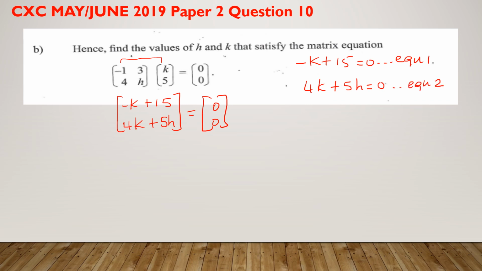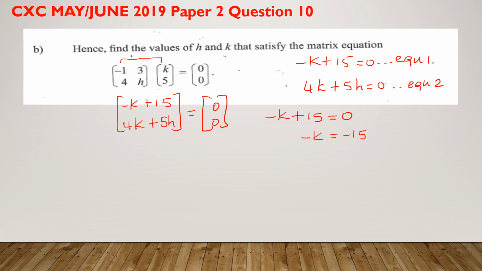Now we can solve equation 1. -K plus 15 equals to 0. We just have to move or carry across this plus 15 over the equal sign. So then it's going to become -K equals -15.